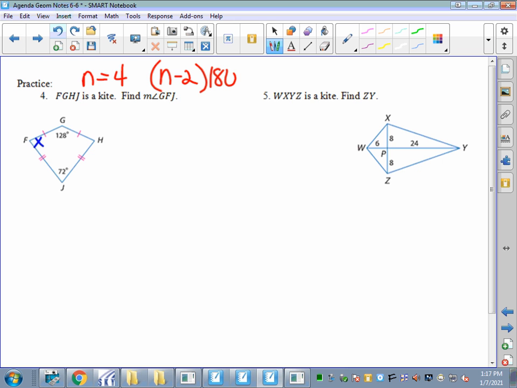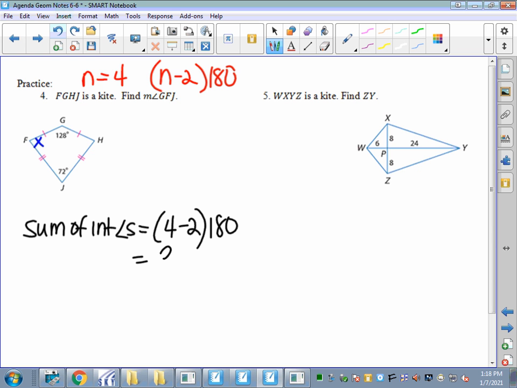Perhaps you already have that memorized and know it anyway. So the sum of the interior angles, didn't know I was going to throw a little refresher at you, did you? Sum of your interior angles is equal to the number of sides minus 2 times 180. So I believe that's going to be 360 degrees inside that kite.